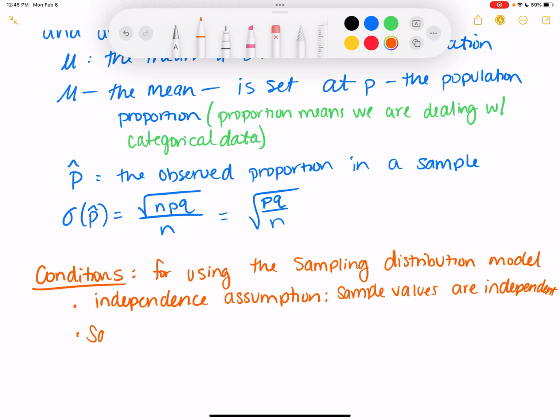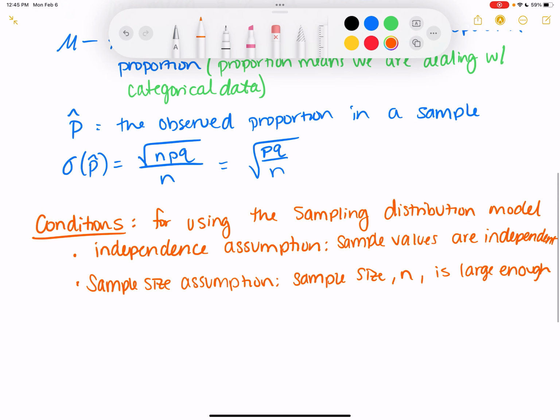We have a sample size assumption, which says that sample size n is large enough. And then we check the conditions. Those other things are more assumptions; these are the conditions that we're checking.